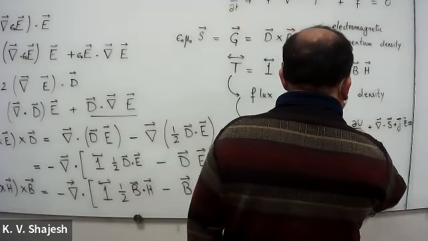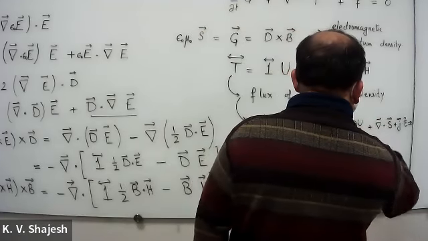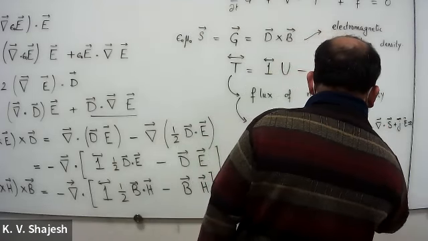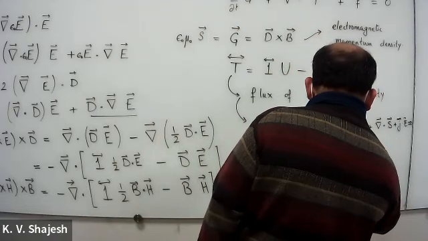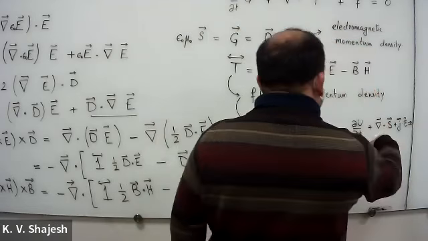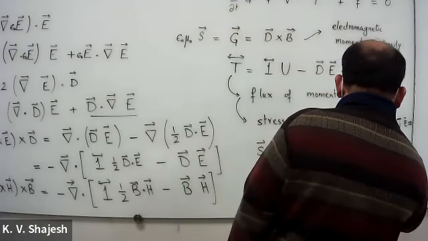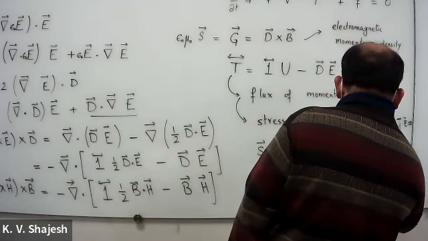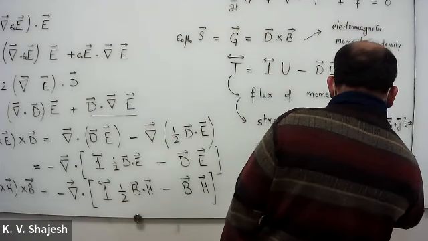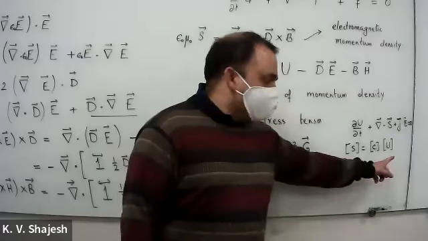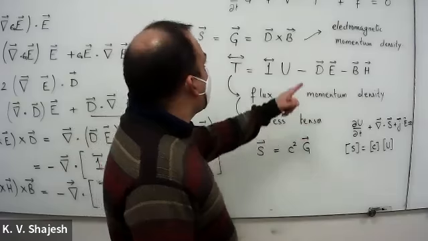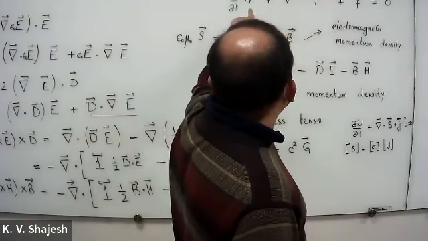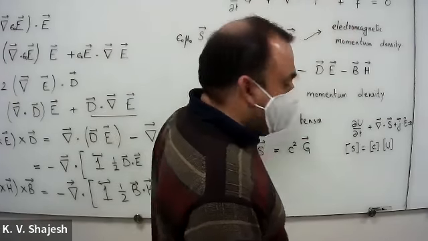So what is the dimension of S here, per unit volume? The dimension of S is length over time. So this is speed, the dimension of speed times dimension of energy density, if you want. And G similarly is momentum per unit volume.